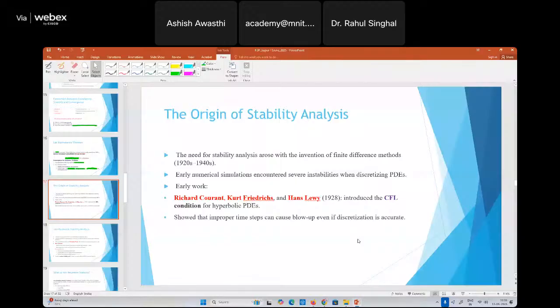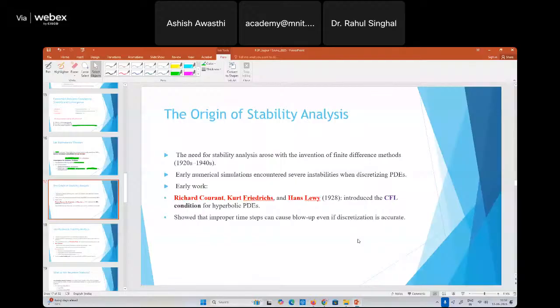You can ensure that by using a matrix method, which you have already done. You can use the maximum principle also, but there is another very precise way to check the stability of the system, by using von Neumann analysis.